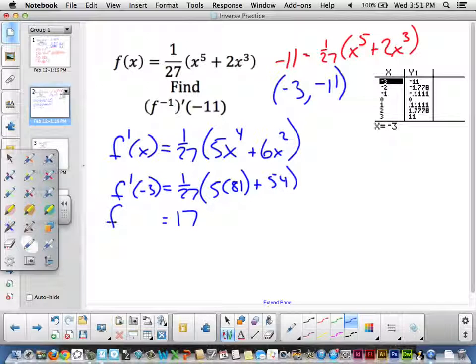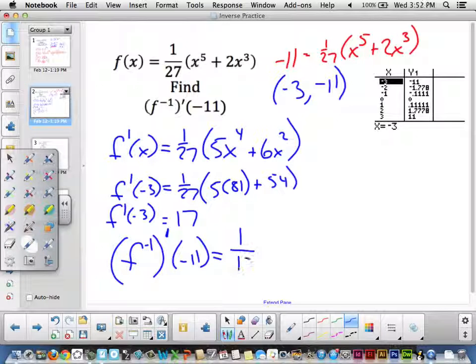So that's f prime of negative 3. So then f inverse prime of the reflected point, negative 11, will be the reciprocal of that, 1 over 17.